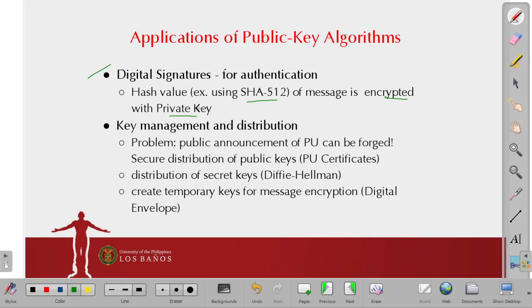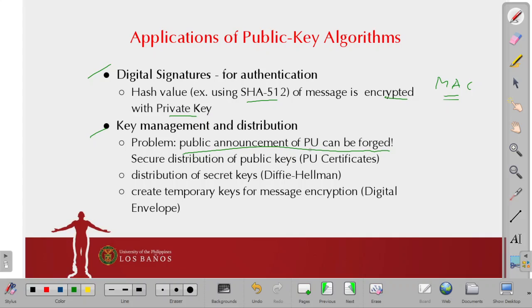So we discussed this in the previous lab when we talked about message authentication code, wherein we can use private key encryption, symmetric encryption, asymmetric, and key management. Then key management distribution. So this is actually the problem for the lab that you're going to work on.